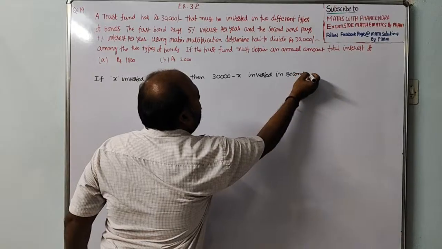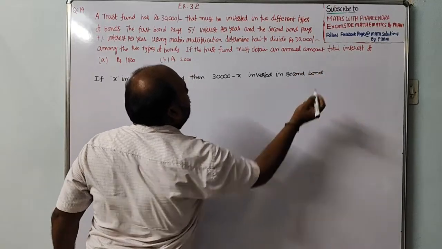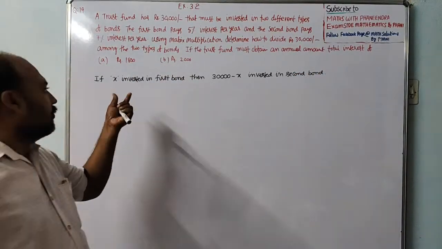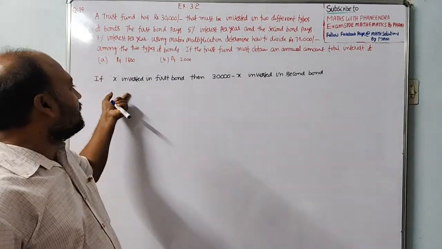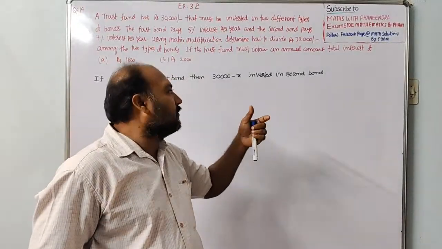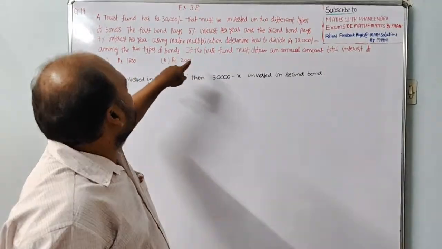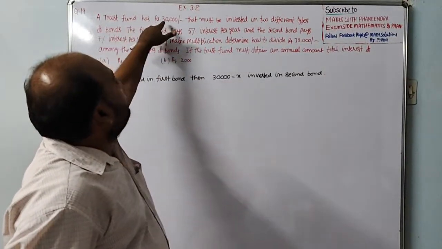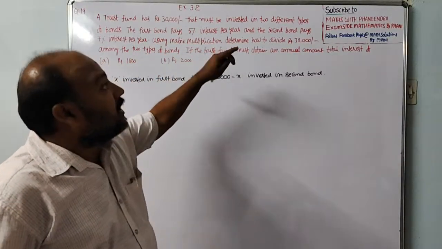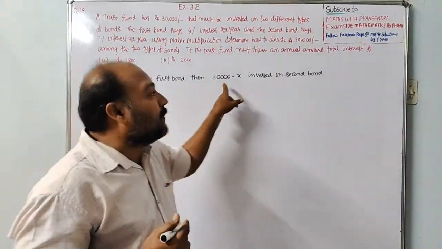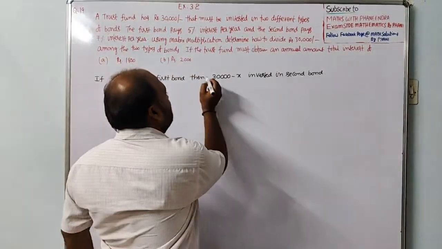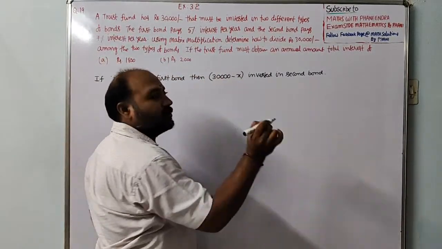Am I right? Suppose X amount is invested in the first bond and the remaining amount in the second. Why? Because the trust fund has 30,000 that must be invested in two different types. One type is X, another type is 30,000 minus X. You can keep it in brackets, dear students.